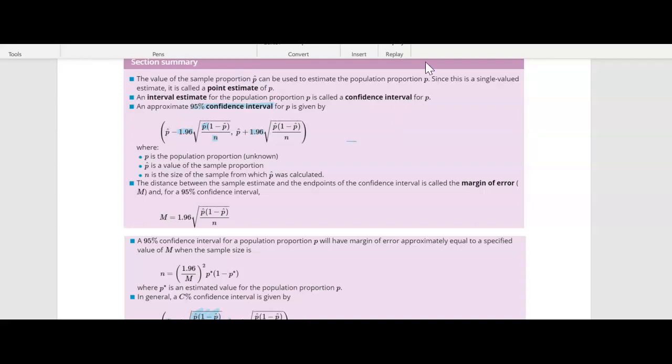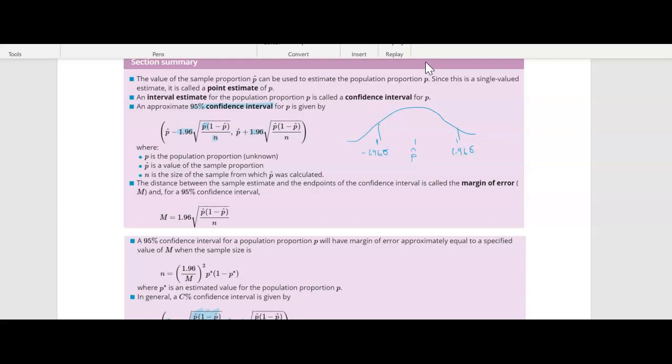Let me draw my normal distribution. Okay, so we've got p hat in the middle, because it's going to follow a normal distribution. And then this one here is negative 1.96 times the standard deviation, and this one is 1.96 times the standard deviation.